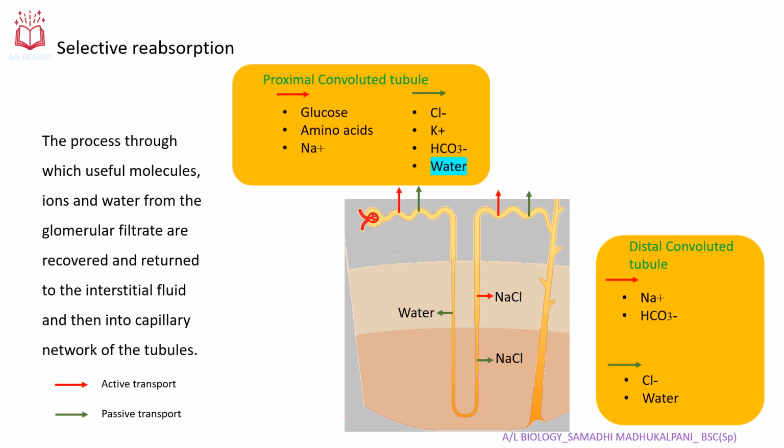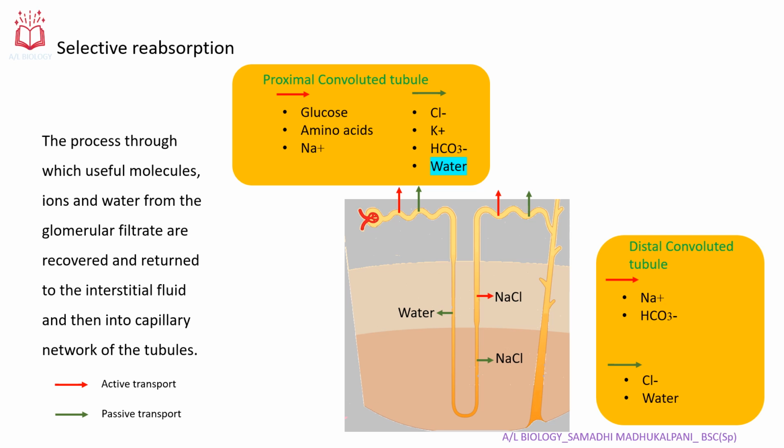Selective reabsorption is the second step in urine formation. Most of the reabsorption from the glomerular filtrate back into the blood takes place in the convoluted tubule. Selective reabsorption is important because there are many useful molecules, ions and water in the glomerular filtrate.